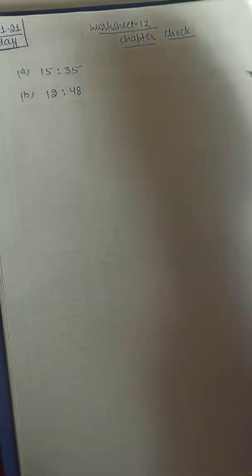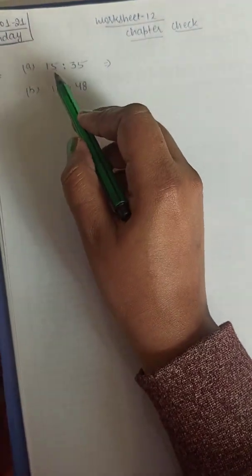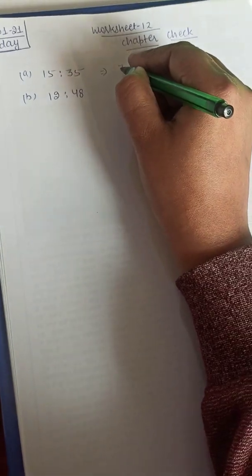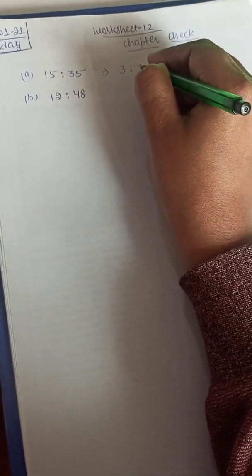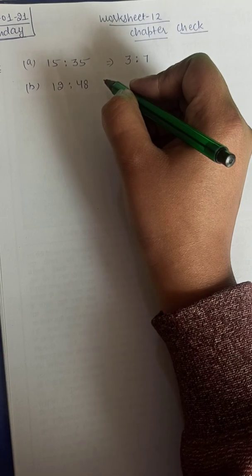Simplest form means we have to cut it. So here this can be cut by 5. 5 3s are 15, 5 7s are 35. So here the simplest form of 15:35 is 3:7.